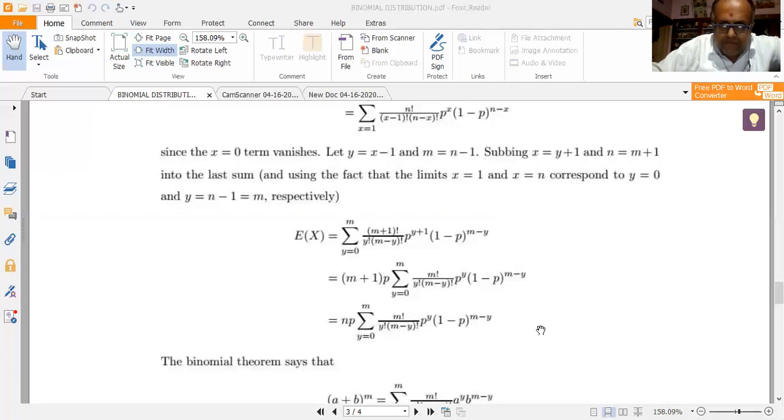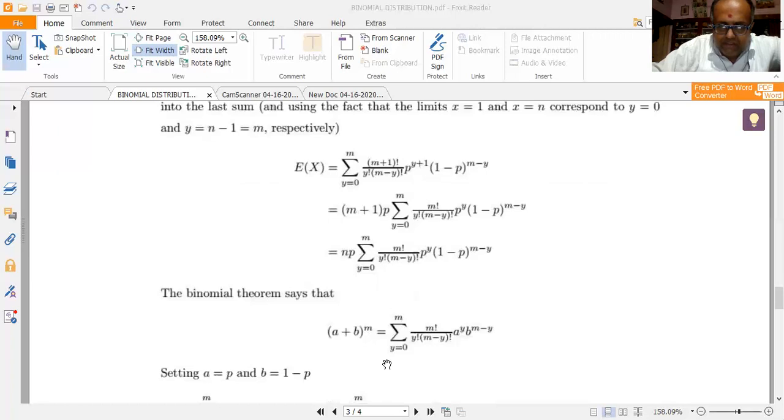Now, by binomial theorem, this is simply written as, compare this with the binomial theorem. So a plus b whole to the power of m is simply given by summation y is equal to 0 to m factorial m by factorial y into factorial m minus y into a to the power of y into b to the power of m minus y. So the only thing is that a is equal to p and b is equal to 1 minus p here.